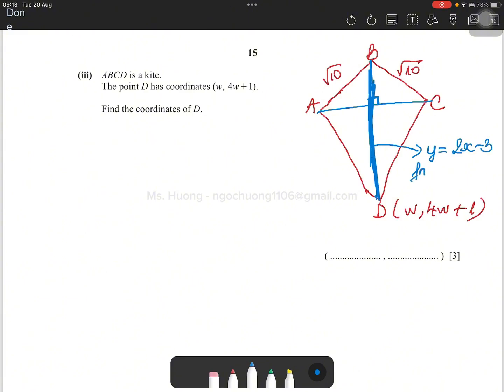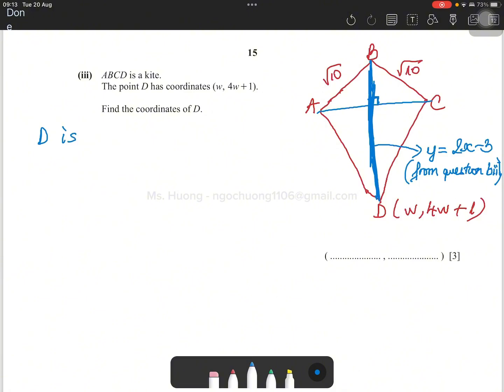We know this from question B2. So we can substitute the coordinate of the point D into this equation.